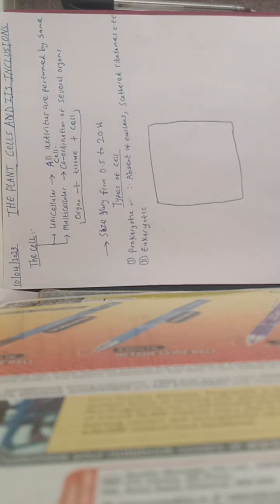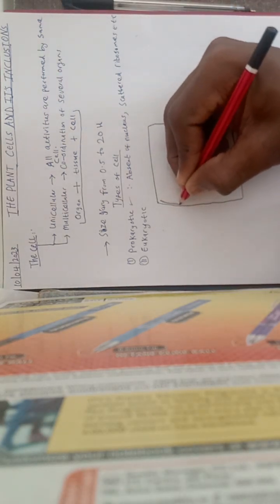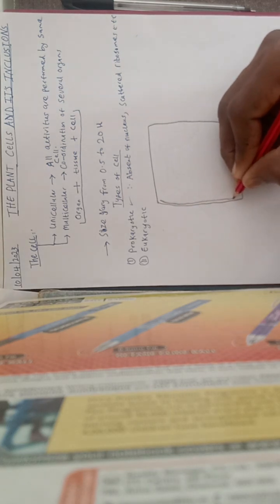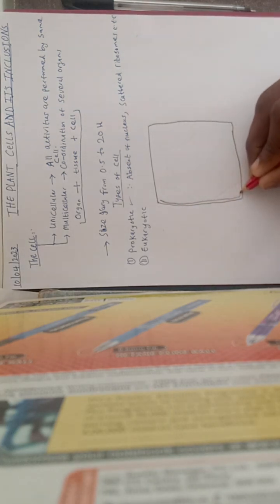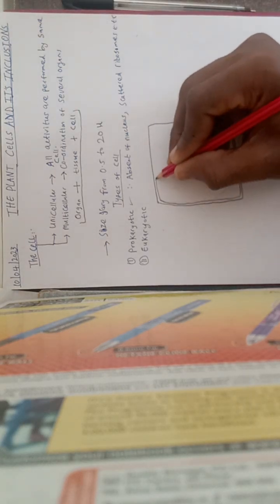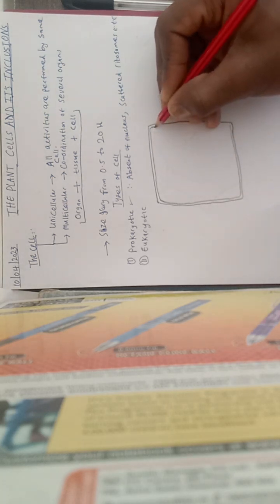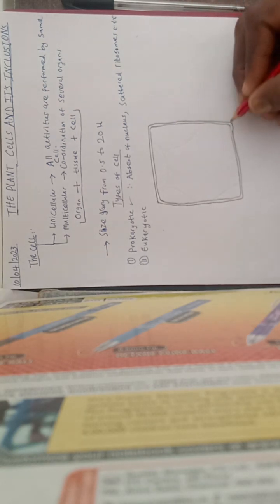So the next thing now is to add another layer inside, because there is always an extra layer inside the cell, whereby there is some protoplasm fluid that protects the cell from external puncture or external effects.